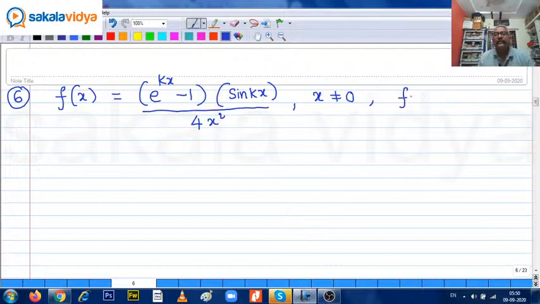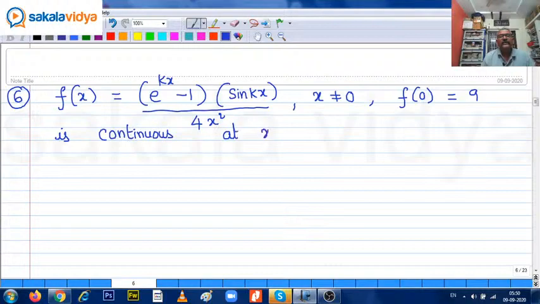f of 0 equals to 9, and f is continuous at x is equal to 0. These kinds of problems may be asked in the examination.